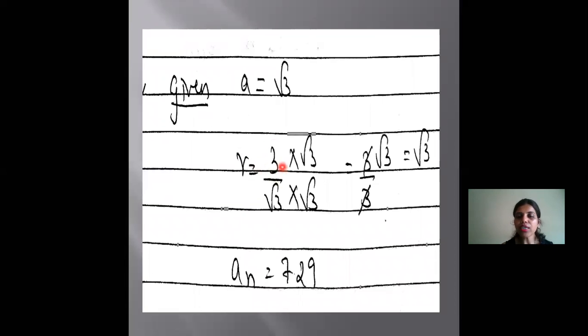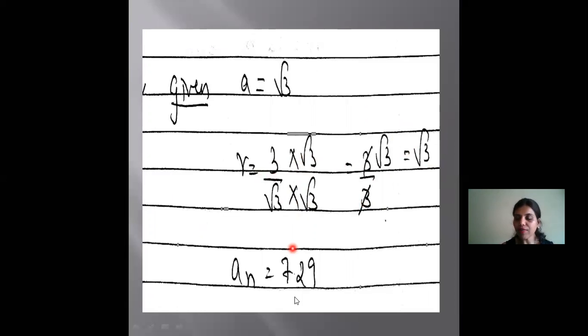So when you divide 3 by root 3, you want to make this irrational number into a rational. So rationalizing the denominator, which we have done in 9th standard, we are following that method. We have to multiply numerator and denominator with root 3. So root 3 times root 3 upon root 3 into root 3 will be 3. 3 gets cancelled and we get the value as root 3.